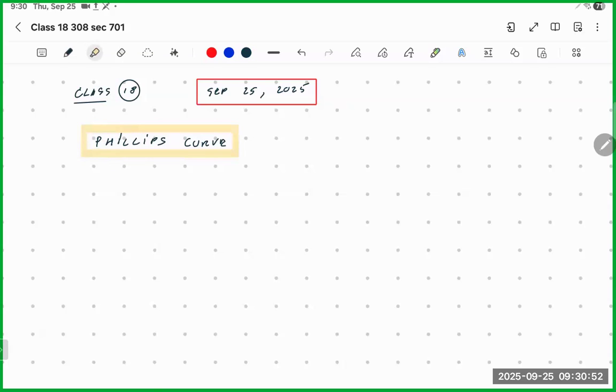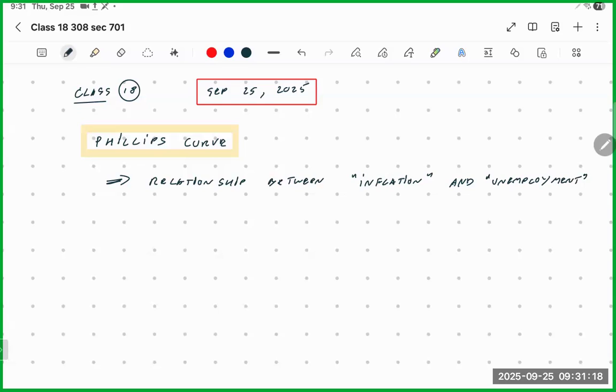The Phillips curve is going to be the curve that's showing the relationship between inflation and unemployment.